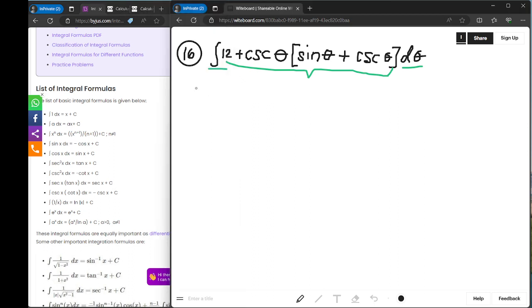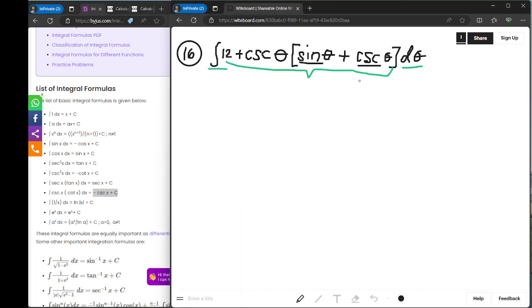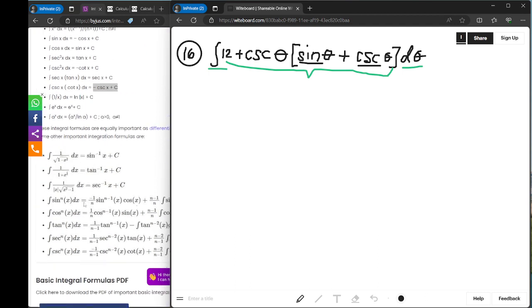As you can see, there is a multiplication here, cosecant times the quantity of sine theta plus cosecant theta. And if we check the given integral formulas, we only have cosecant and cotangent, which is equal to negative cosecant plus c. And this is not cotangent, this is sine, this is cosecant. Which means there are things that we need to do.